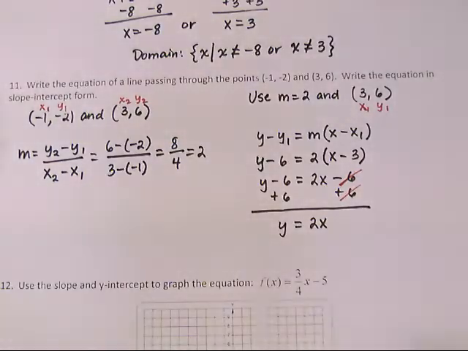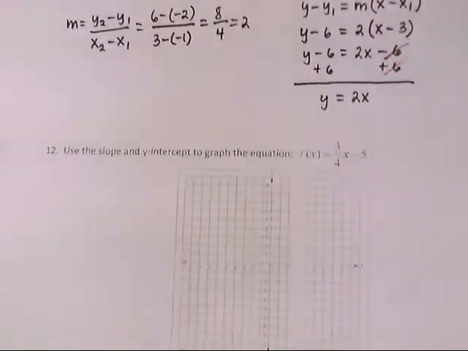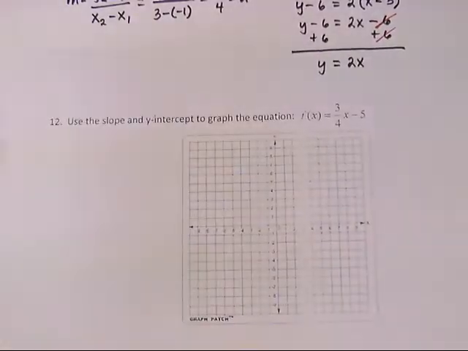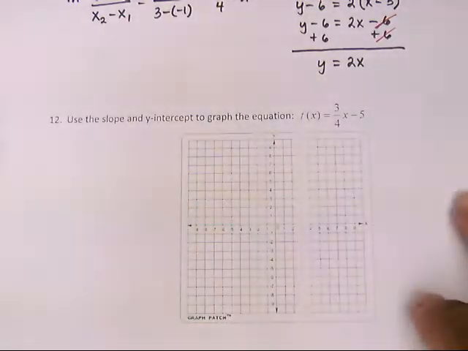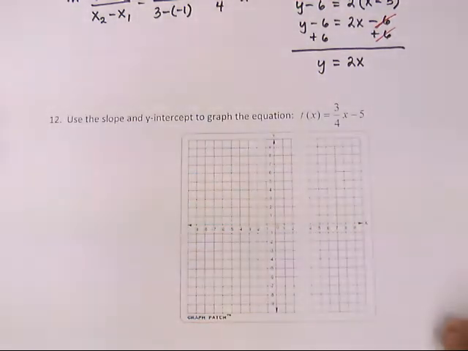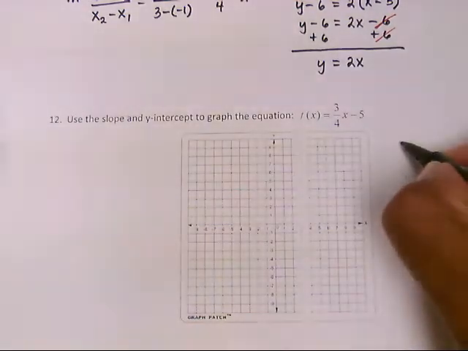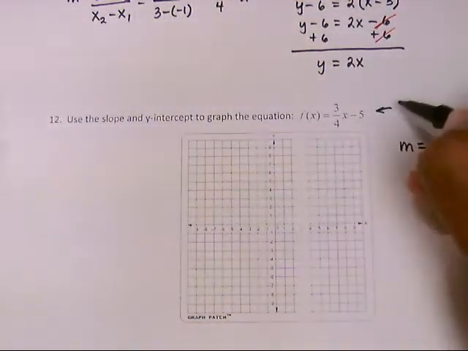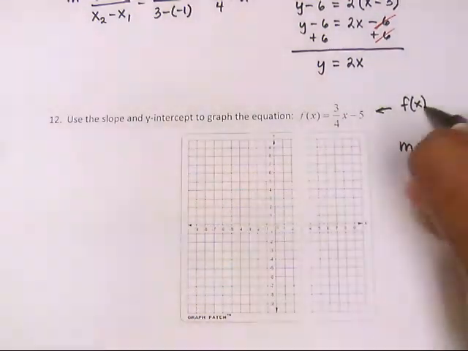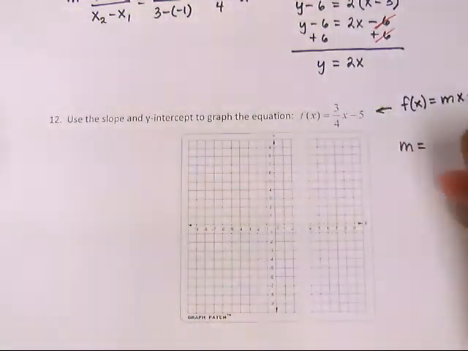Alright, number 12 is using the slope and y-intercept to graph the equation f of x is equal to 3/4 x minus 5. F of x equal to 3/4 x minus 5. Well, first of all, let's identify the slope. As you can see, it's in slope-intercept form, which is, of course, f of x is equal to mx plus b.